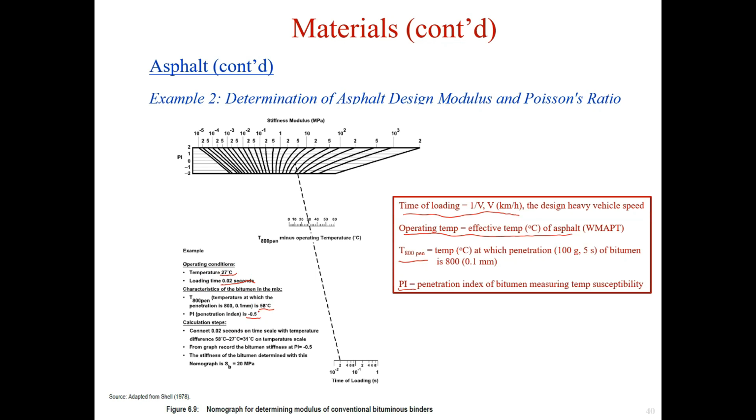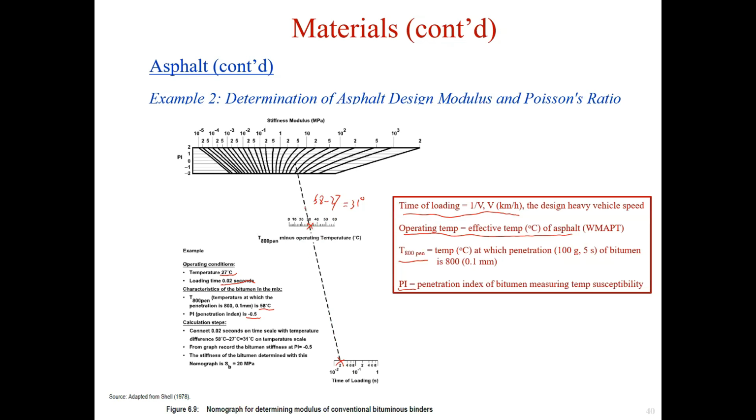Firstly, we need to connect 0.02 seconds on the time scale with the temperature difference, 58 minus 27, equal to 31 degrees. So we read 31 here and connect 0.02 to 31.